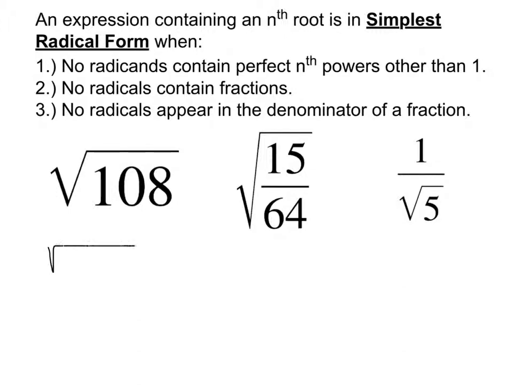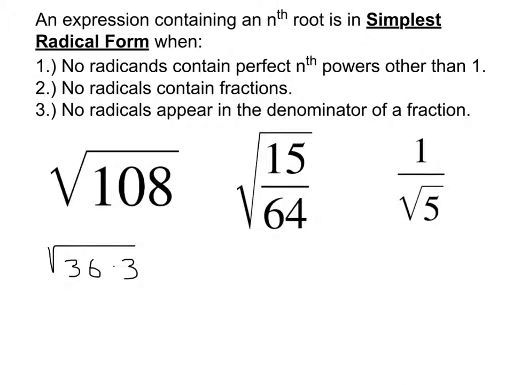Namely, square root of 108 could be written as 36 times 3, and that would be inside the square root. So that's not simplified because I have a perfect square inside a square root. We'll figure out later how to deal with that. So that violates rule 1.